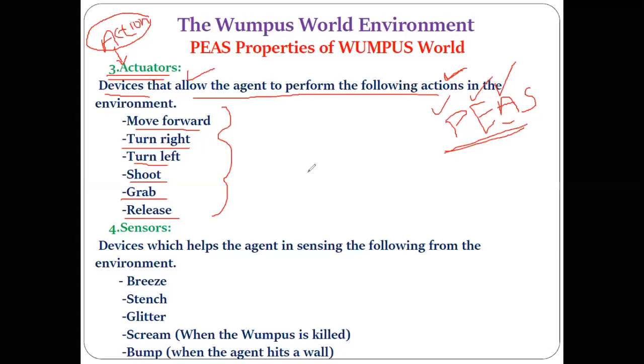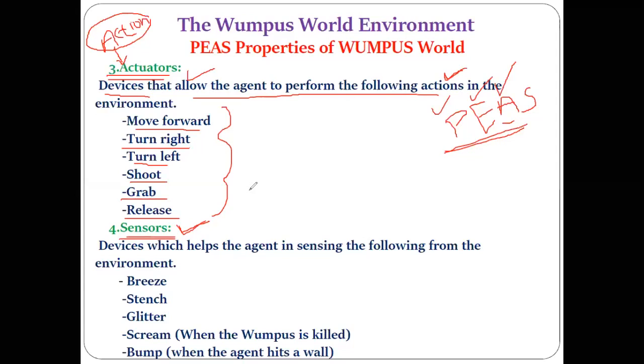Yes, sir. Okay. And lastly, importantly, we have the sensors. Now, I already told you the different kinds of perception that have to be done by our agent.